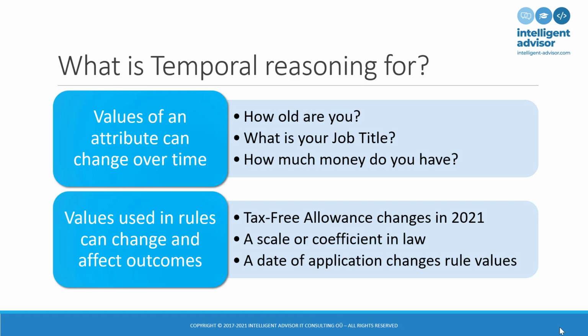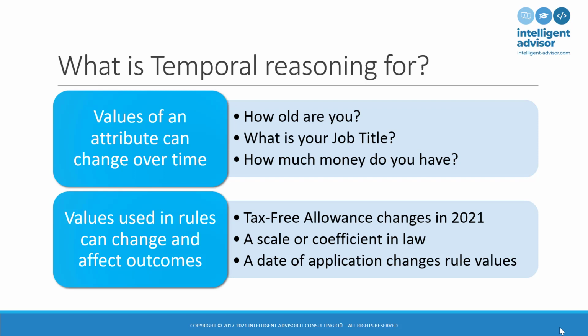So these are the two basic problems that we're trying to solve. Values of an attribute can change over time. How old are you? What's your job title? How much money do you have? These values will change. And then the second problem is values used in rules can change and affect outcomes. Let's say that we calculate something based on a percentage that is set by the state government. The state government changes its mind, and on the 1st of January 2021, the tax-free allowance changes.